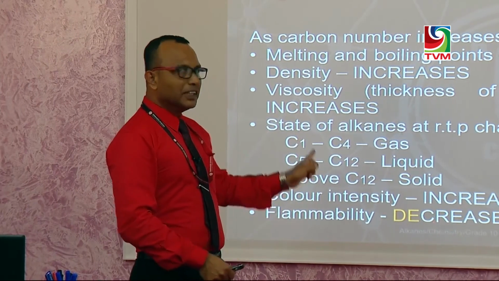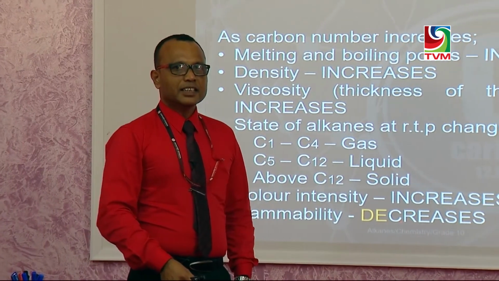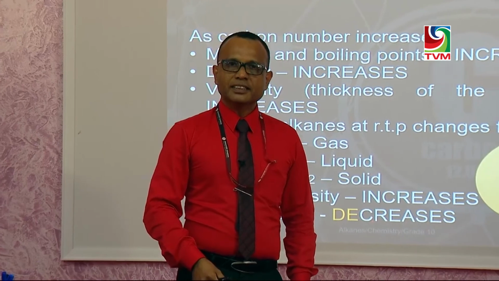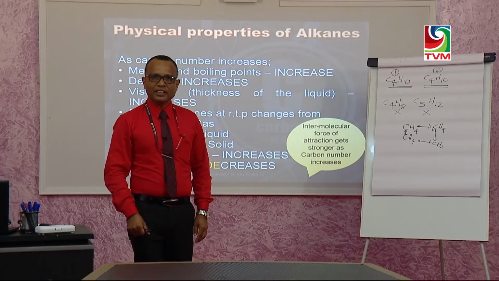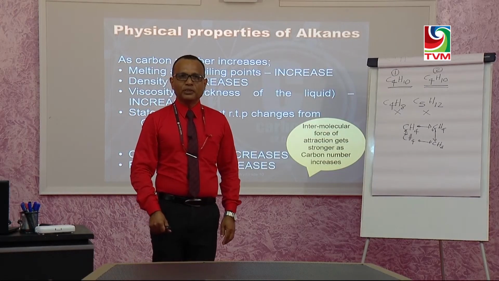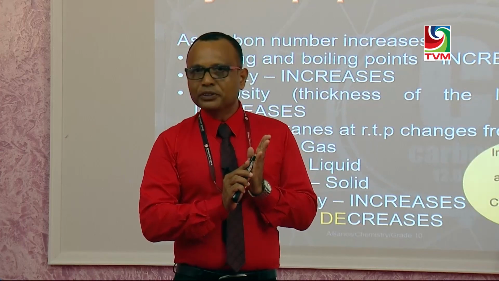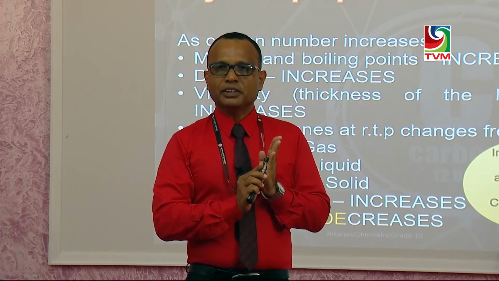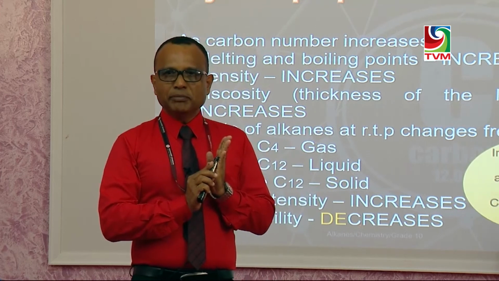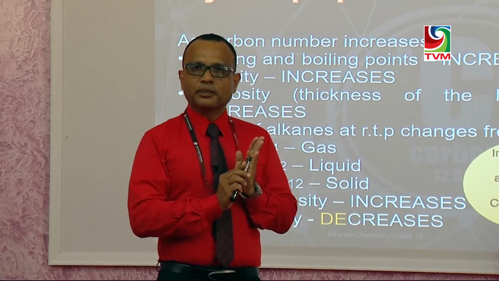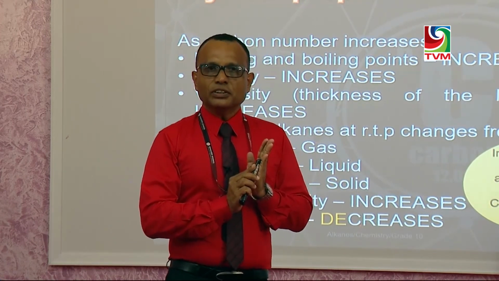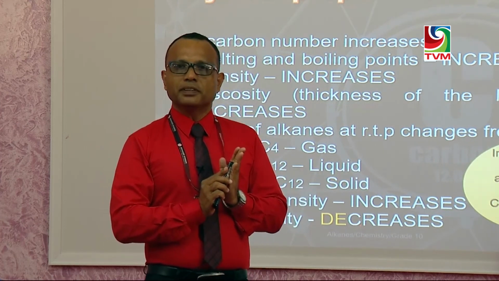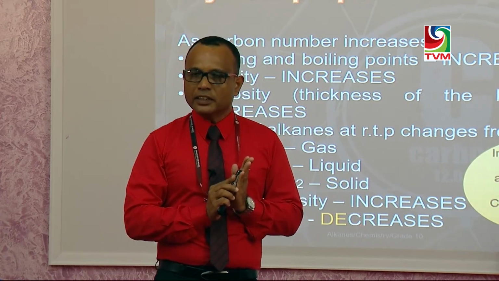This is the end of our lesson. If I give a summary of what we studied today, try to recall: we learned how to draw the dot and cross diagram, using the same symbol to represent electrons of like atoms and different symbols to represent electrons of unlike atoms.